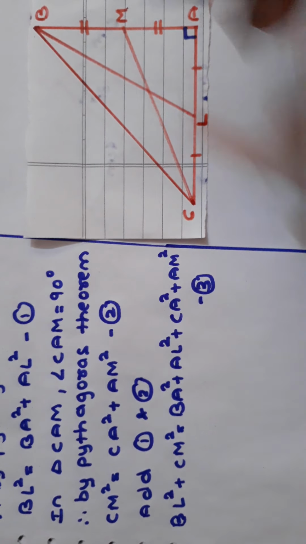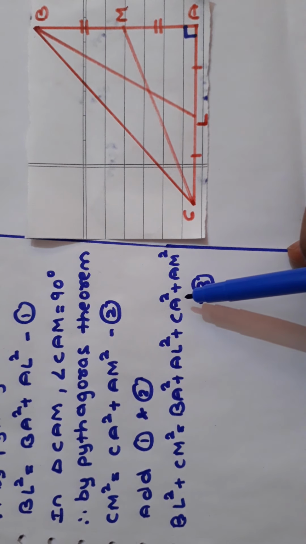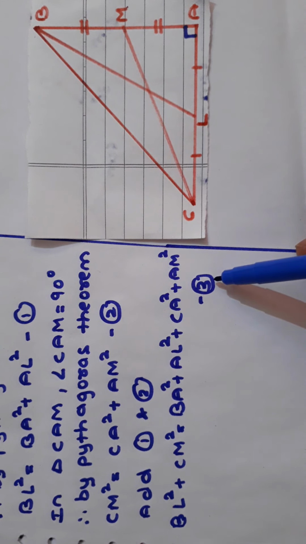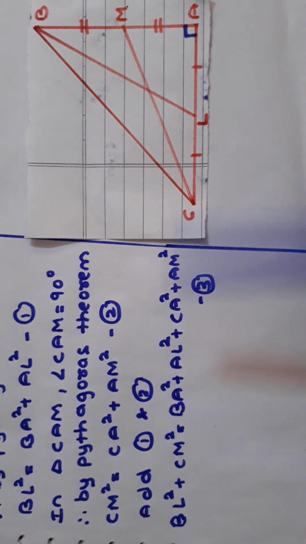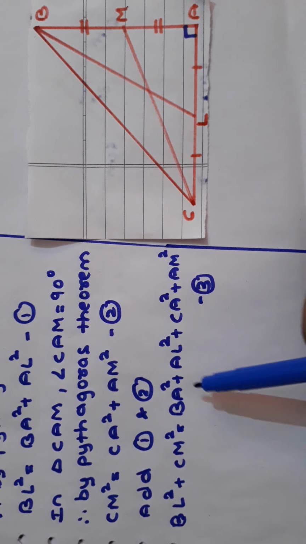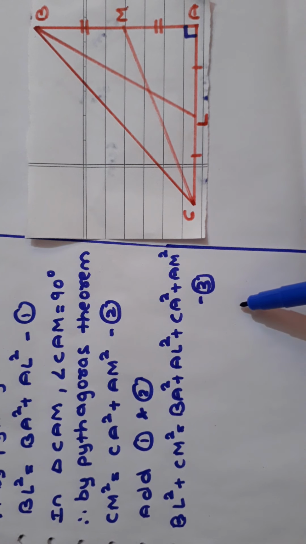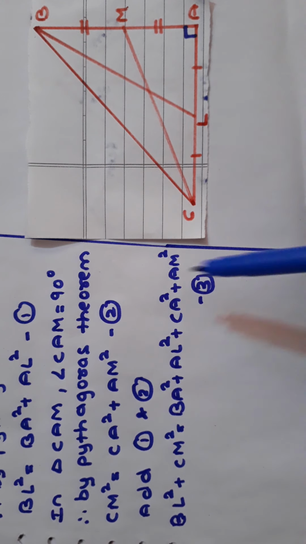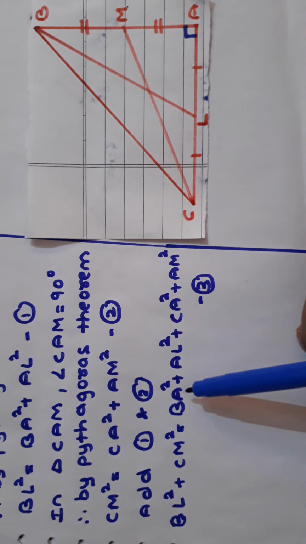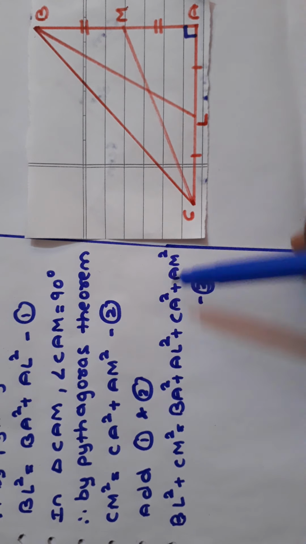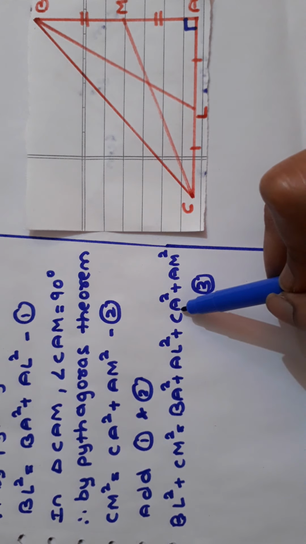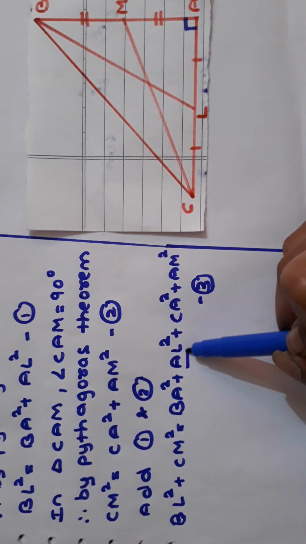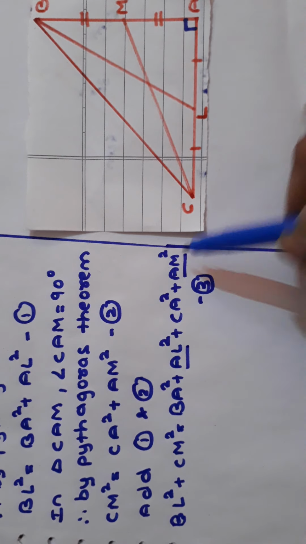So if we get BA square plus AC square on the right hand side of expression 3, by Pythagoras theorem we can say that BA square plus AC square is equal to BC square. Now if you see expression 3, we already have BA square and AC square. But we don't need this term AL square and AM square.